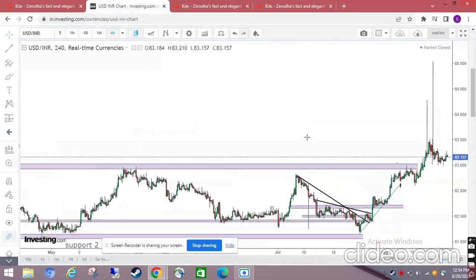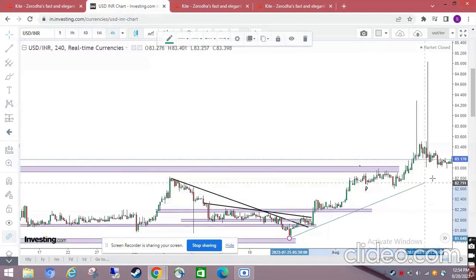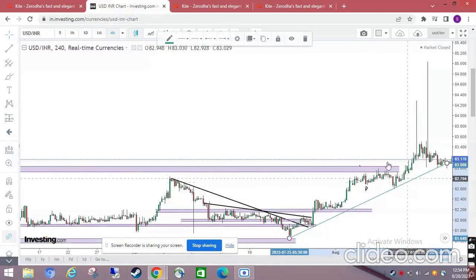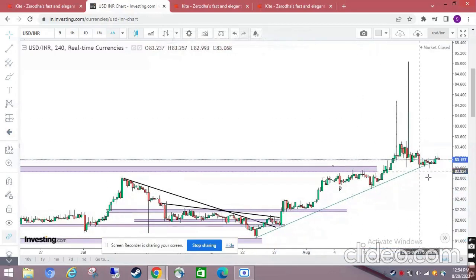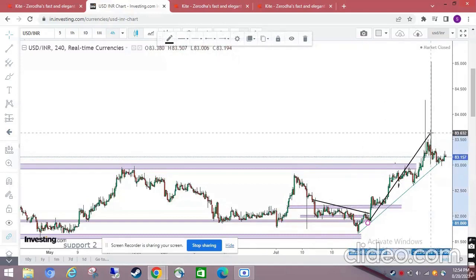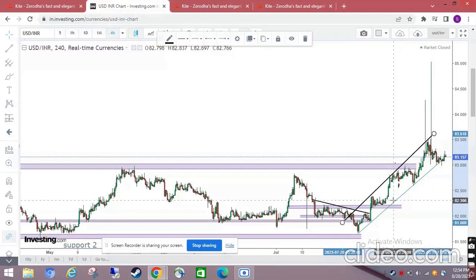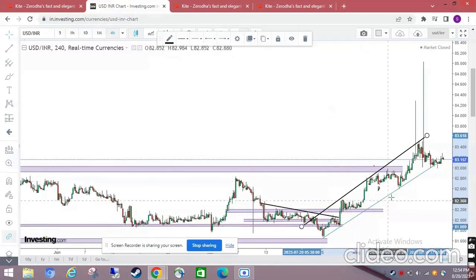The resistance was broken. You can draw a trend line in here, and you can see that it has been supporting this trend line for a very long time. You can also draw a kind of channel pattern here. Ideally, whenever you see a rising wedge pattern, there is a chance of it going down.